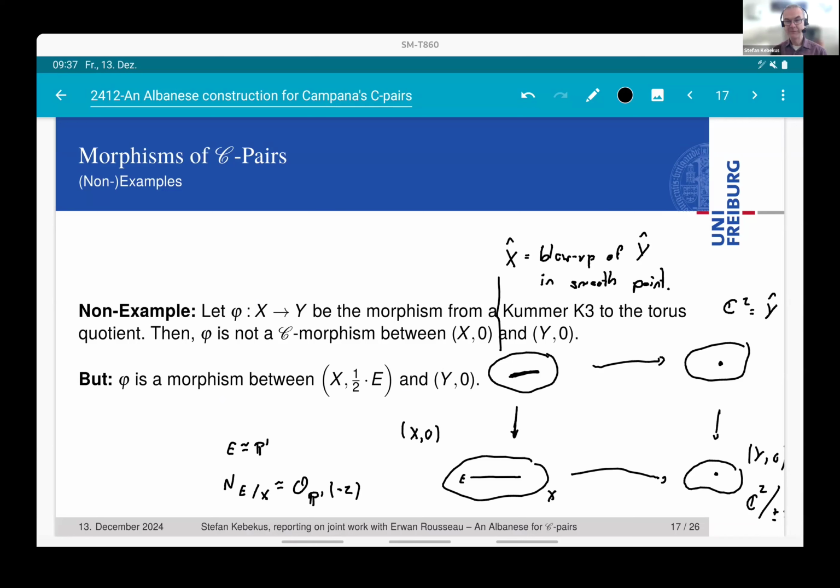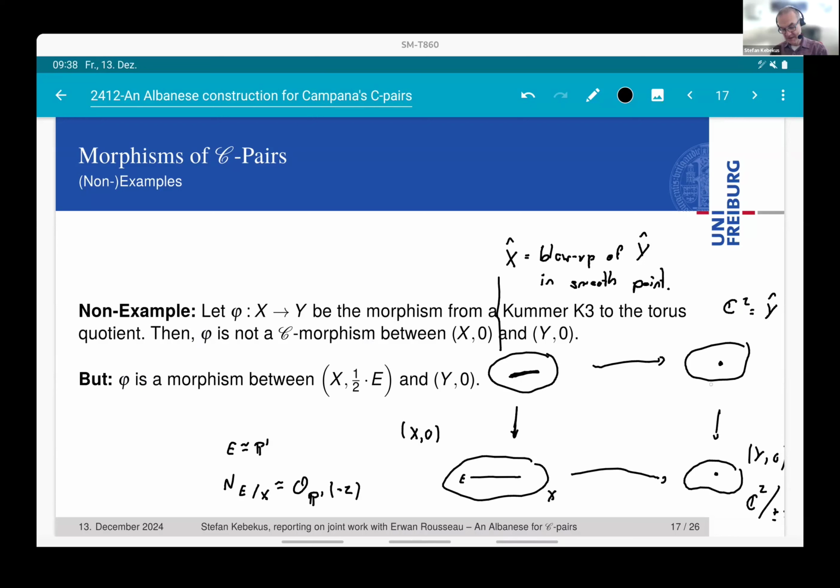Now, what about adapted differentials here? So here, an adapted differential on x hat is simply a pullback of a differential on x. That's a condition. Not every differential form on x hat is locally a pullback.